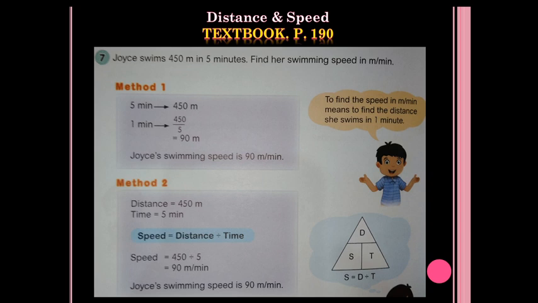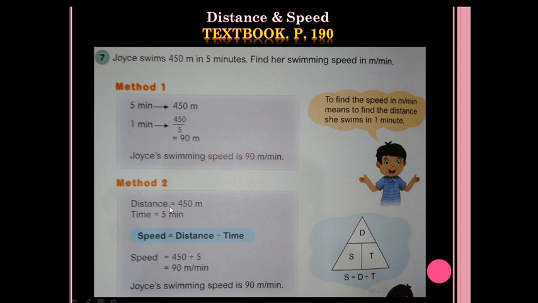To find the speed in meters per minute means to find the distance she swims in 1 minute. 5 minutes equals 450 meters. 1 minute equals 450 divided by 5 equals 90 meters. Joyce's swimming speed is 90 meters per minute.